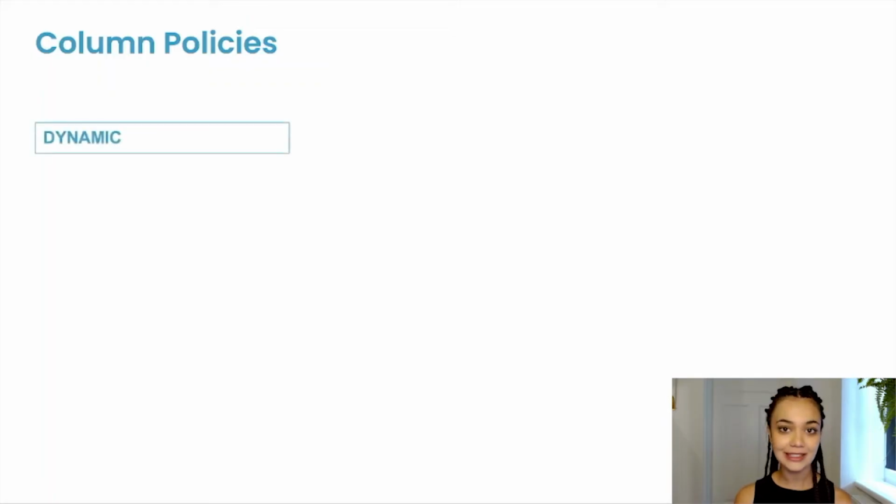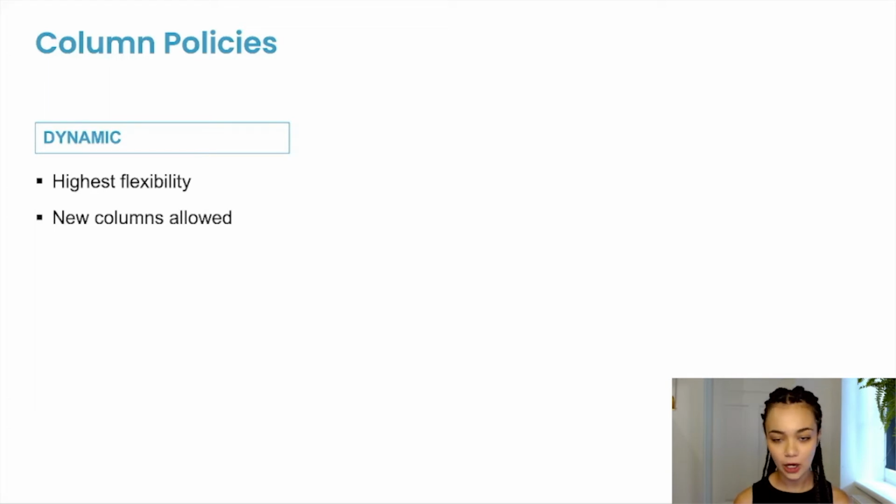But before that, what are the main differences between them? The default dynamic policy allows inserts to add new subcolumns to the object definition. It grants the highest flexibility to the object column, and new columns are used like any other subcolumn, so you can retrieve them, sort by them, and use them in where clauses. The strict policy works together with a column definition.